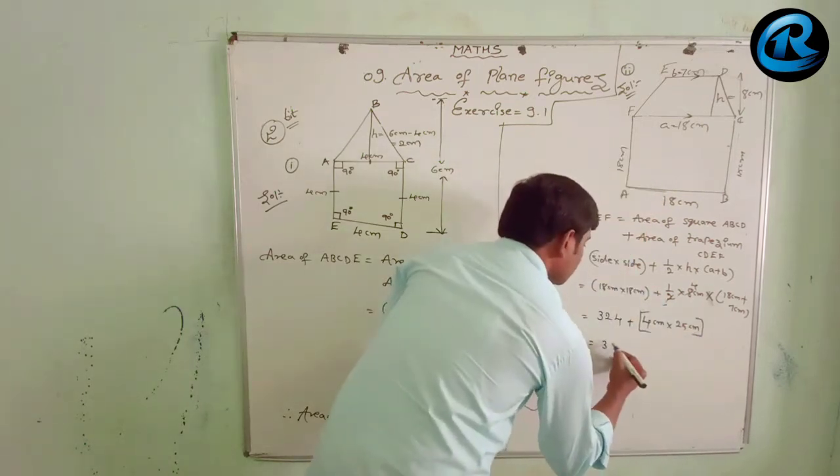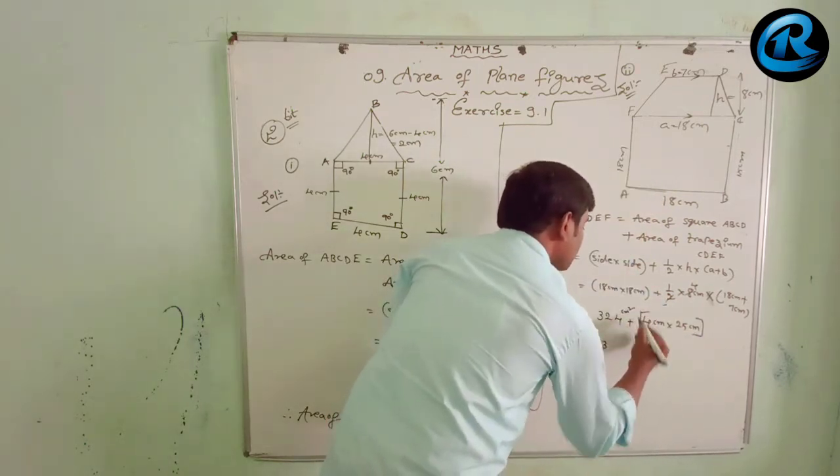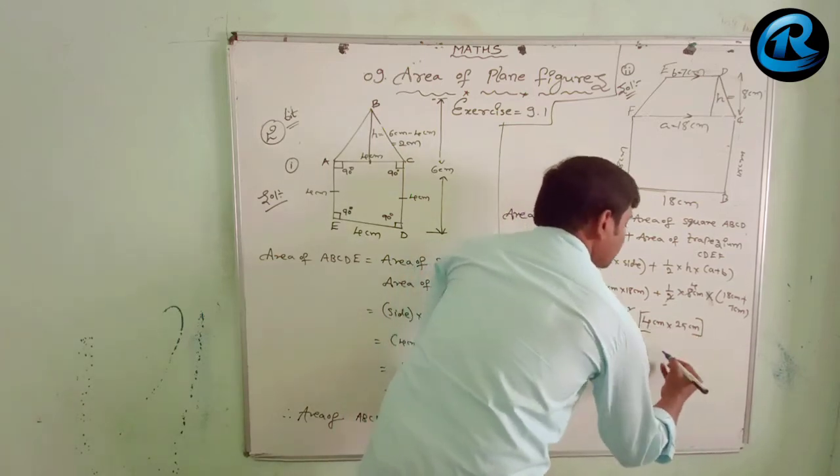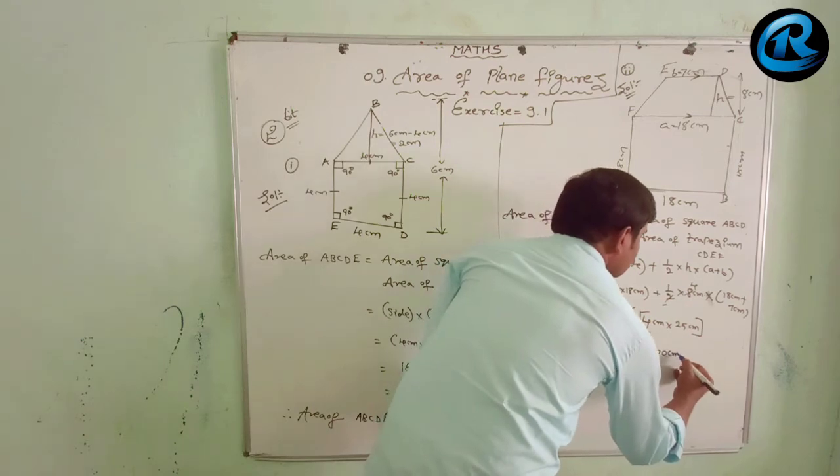So we have 324 centimeter square plus 4 into 25, that is 100 centimeter square.